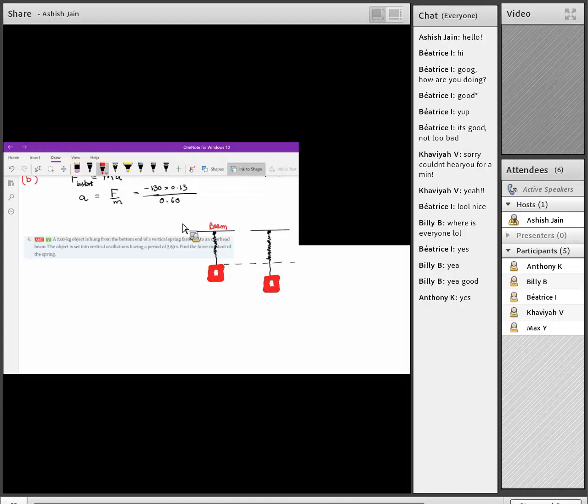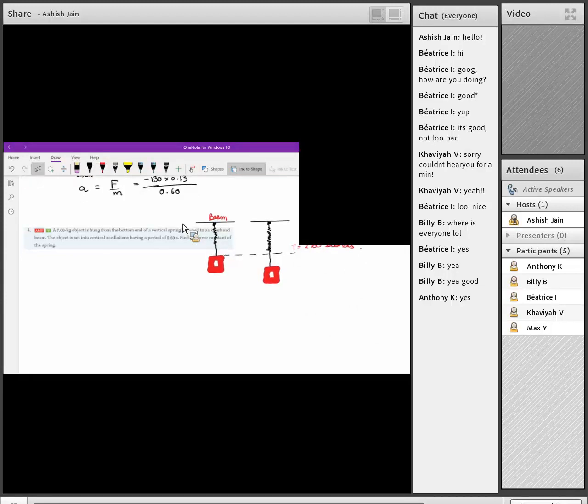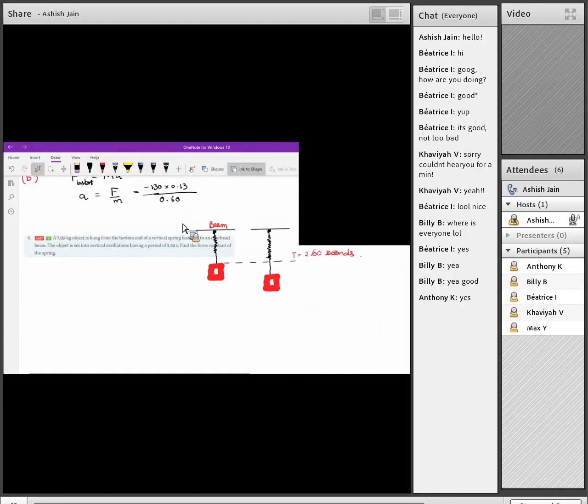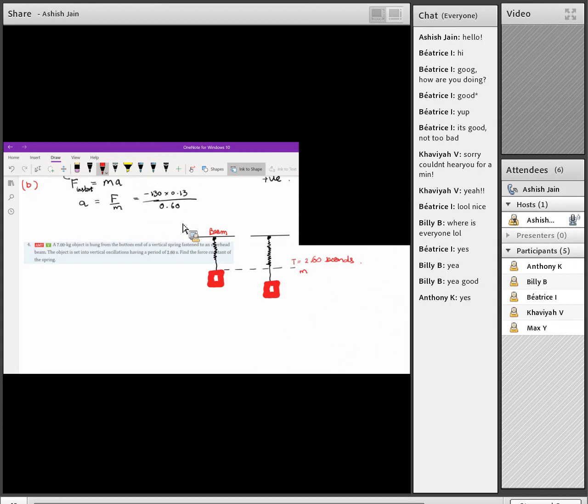We have been given the time period of 2.60 seconds, and mass is also given. Let me write that as well.